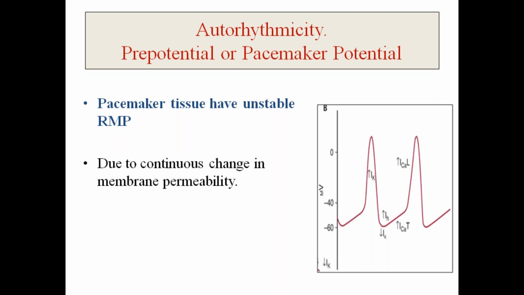The resting membrane potential of atrial and ventricular muscle is something like -80 or -90 millivolts. But the resting membrane potential of the pacemaker is fluctuating. From -60, it will slowly depolarize on its own, slowly become more positive, and then generate an action potential. So this unstable resting membrane potential is because of a continuously changing membrane potential.